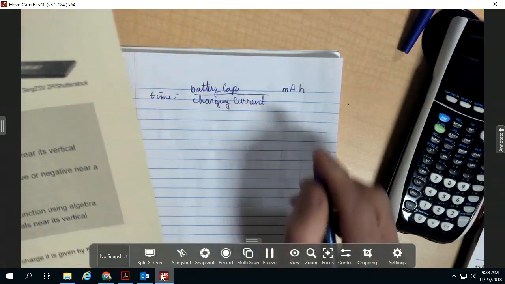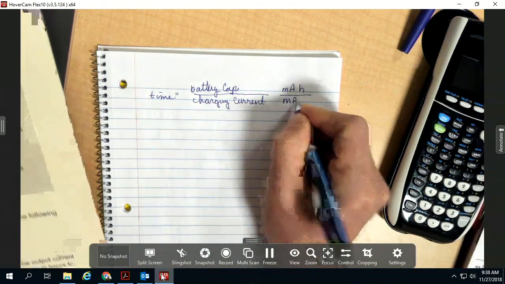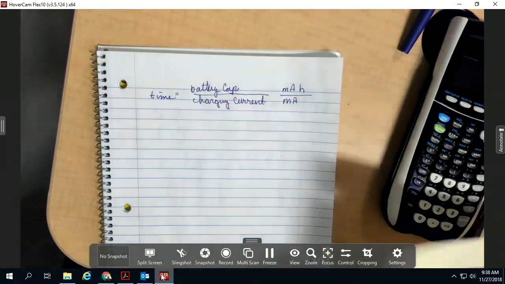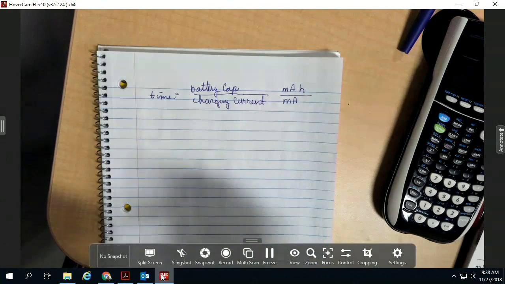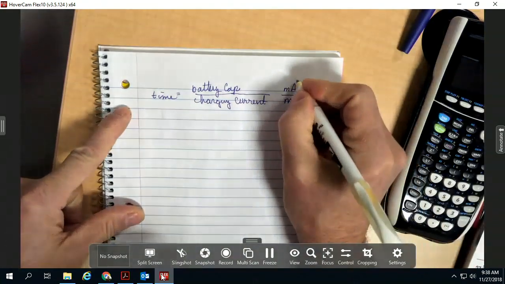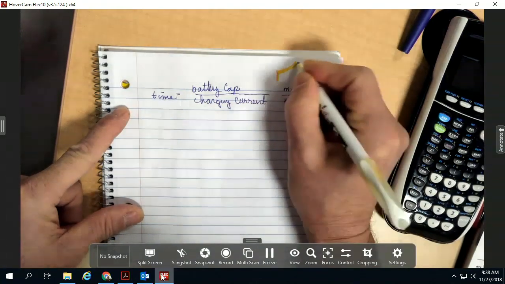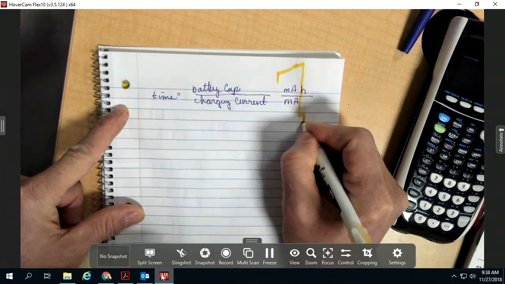The output current is measured in milliamps. Do you see some math that will take place with dimensional analysis when you do this? Well, these two are going to be a 1, right?